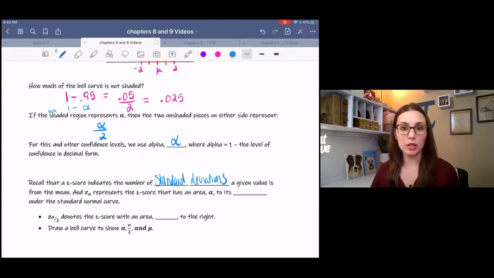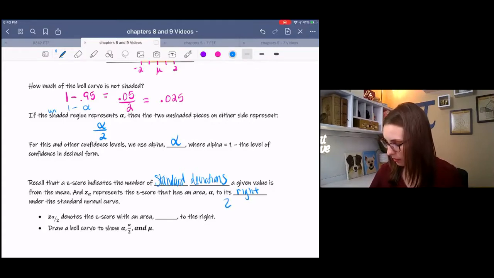Also remember that the z-score indicates the number of standard deviations a given value is from the mean. And one more thing we're going to pull in from another video: z sub alpha represents the z-score that has an area alpha to its right.